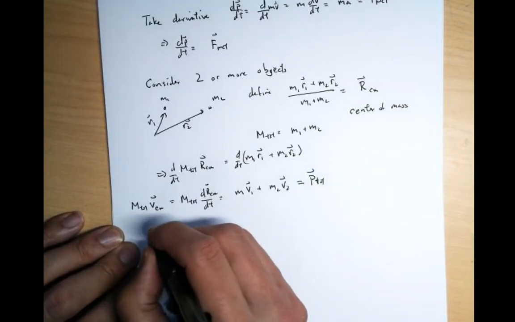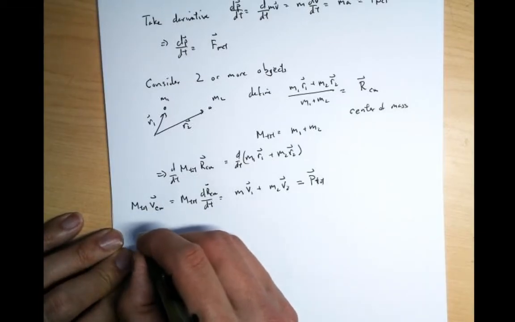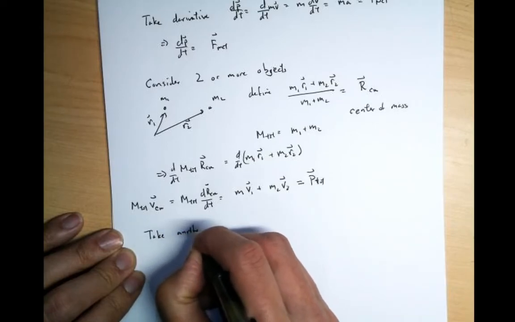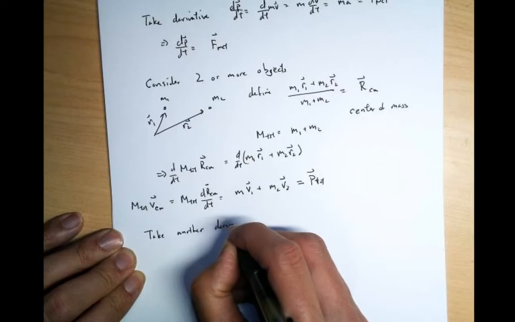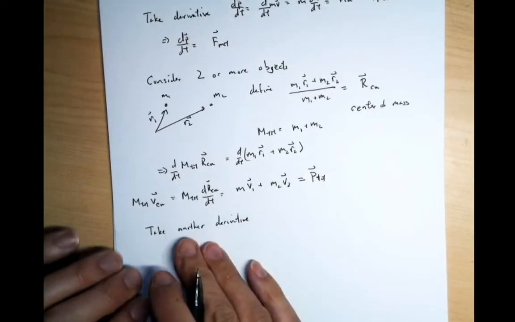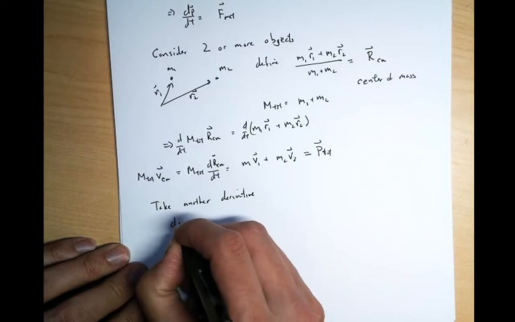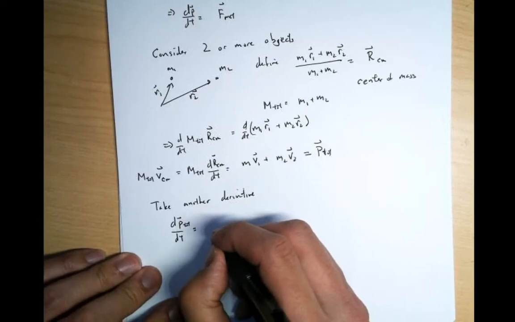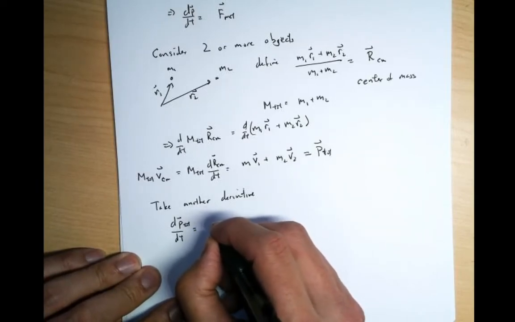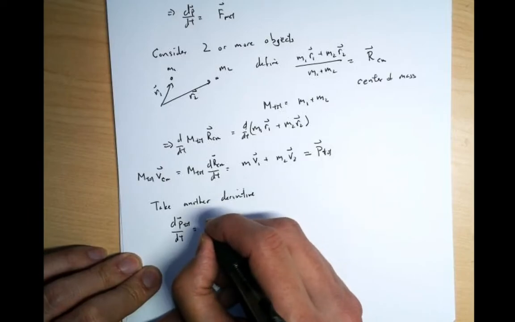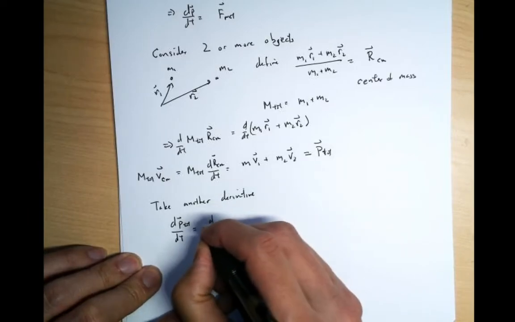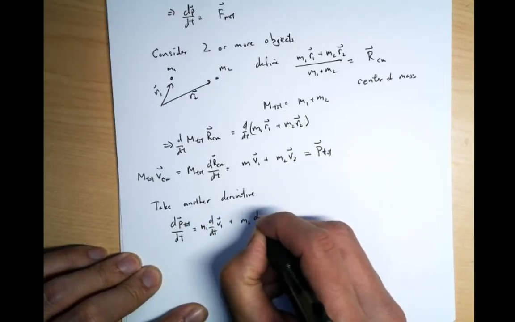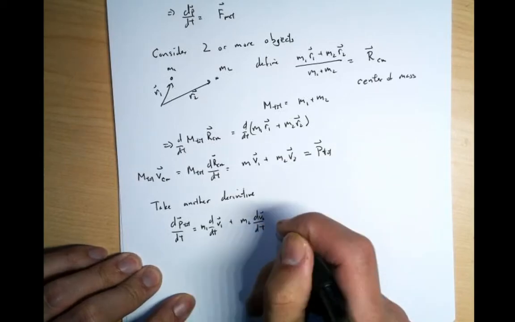Okay, so now let's take another derivative. All right, so now this is dp total/dt is equal to d/dt of m1 v1 plus m2 dv2/dt, right?